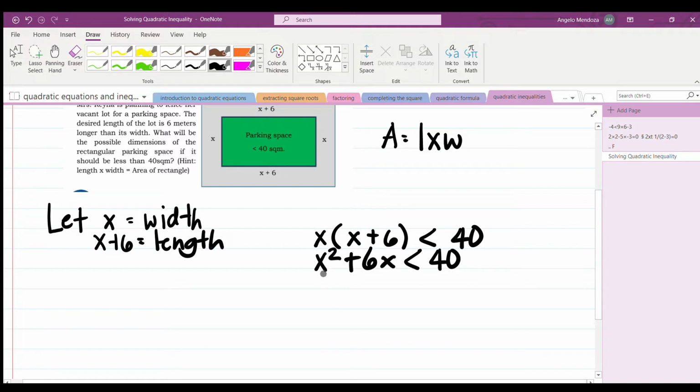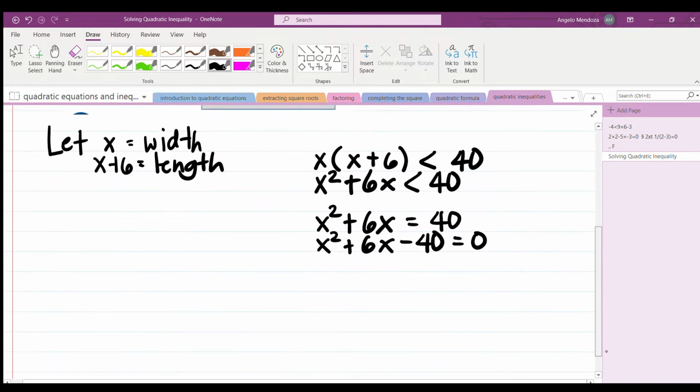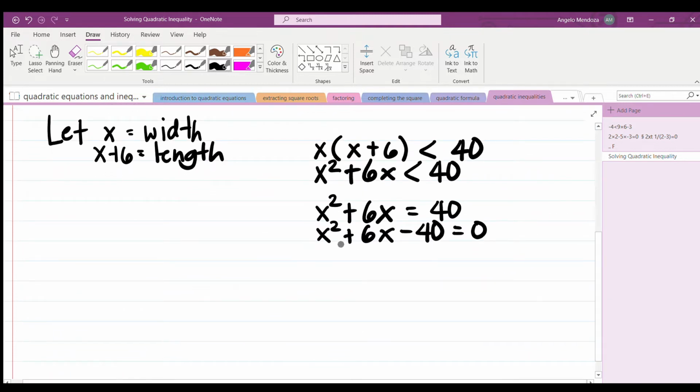So let us first rewrite this inequality: x squared plus 6x equals 40. So you have x squared plus 6x minus 40 equals 0, since you just transpose 40. Then we can solve this by factoring.